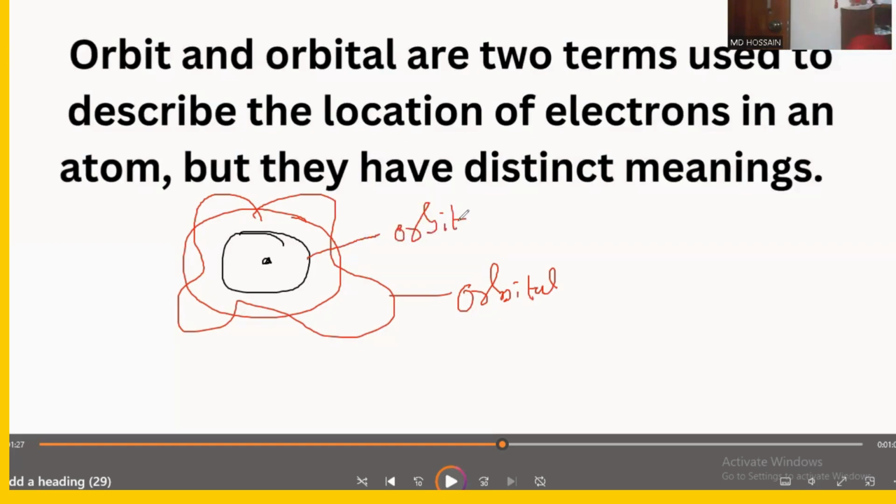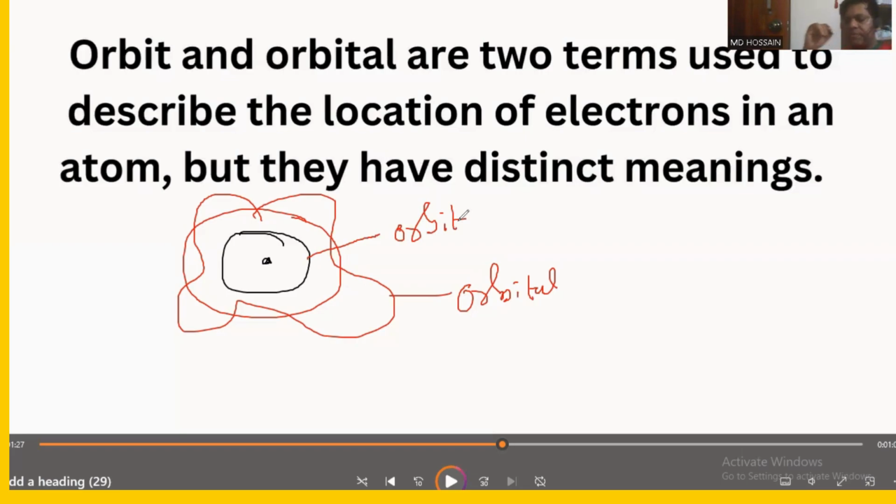So now you can easily understand what is orbit and what is orbital. Orbit is the circular way where electrons are moving around the nucleus, and orbital is the three-dimensional region around the nucleus.